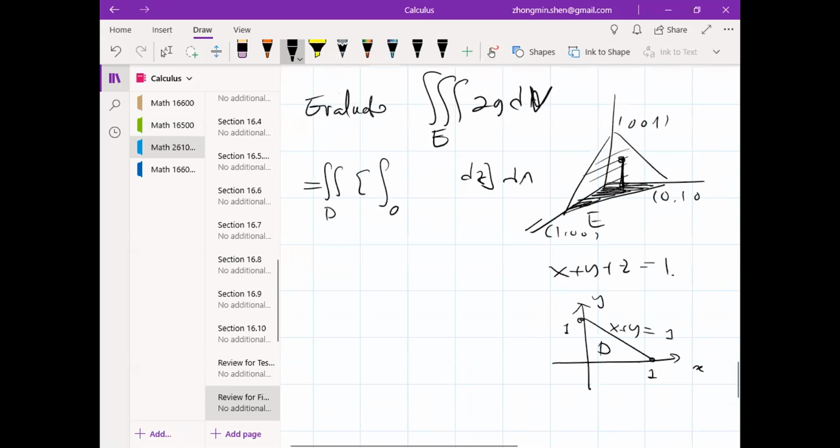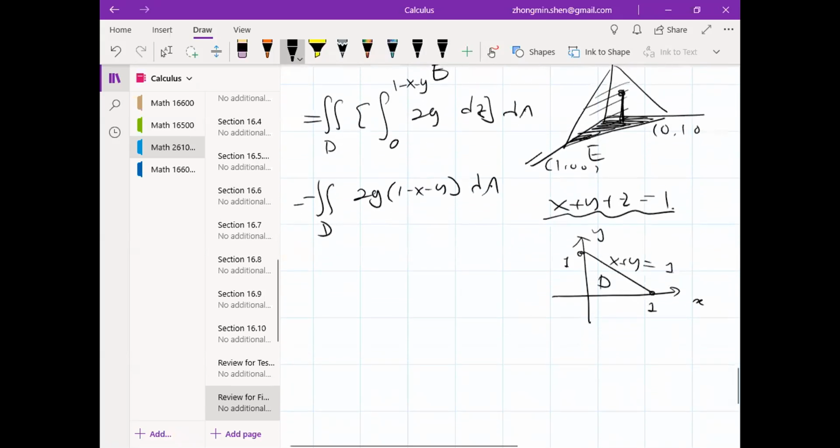The upper bound for z is determined by the plane, the graph of the function, so it's 1 minus x minus y. Then you evaluate this: 2y times (1 minus x minus y) dA.